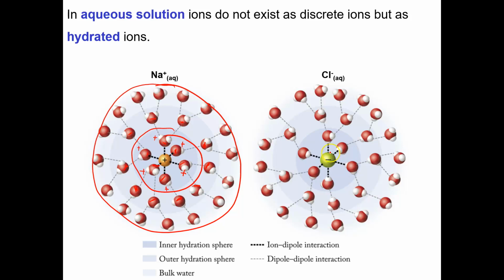The same thing, of course, occurs for an anion, but the orientation of the water molecules would be reversed. So in the outer layers, or what they call the outer hydration sphere of the ion, the type of interaction occurring between the water molecules is called a dipole-dipole interaction. That is, it is the attraction between molecules that have a dipole, and that helps stabilize these ions.